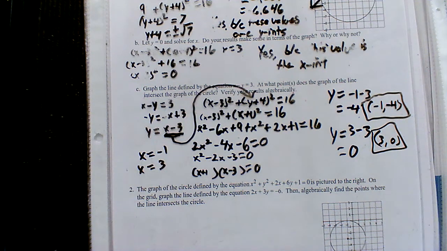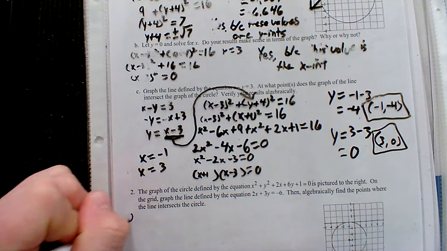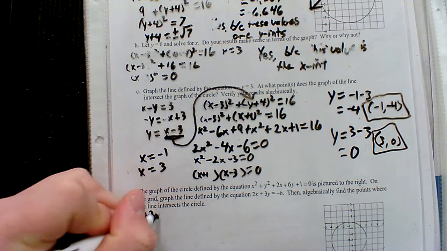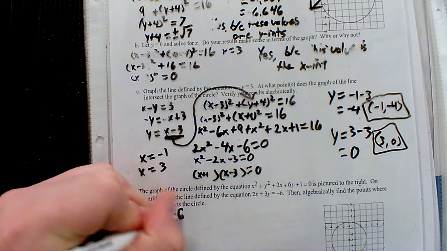So let's try the next one. Again, same process, but we're going to get answers that are a little different. The graph of the circle is defined by the equation, and this is in general form, pictured on the right. On the grid, graph the line defined by the equation 2x plus 3y equals -6. Algebraically find the points where the line intersects the circle. So we have 2x plus 3y equals -6.